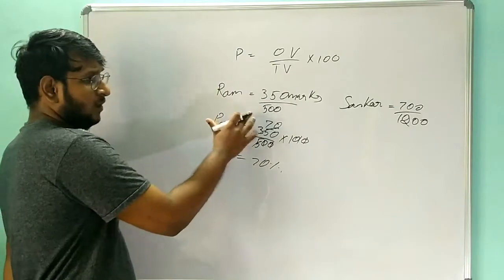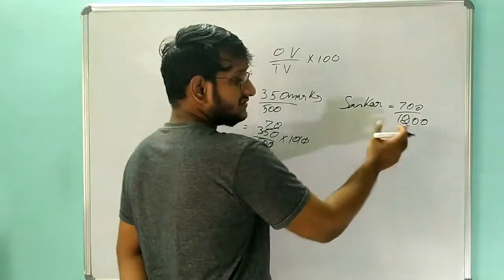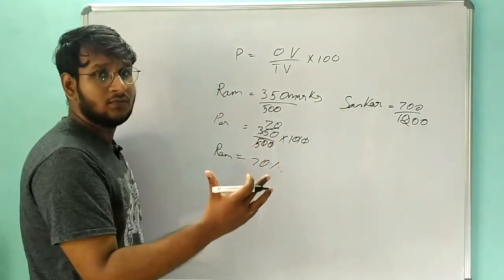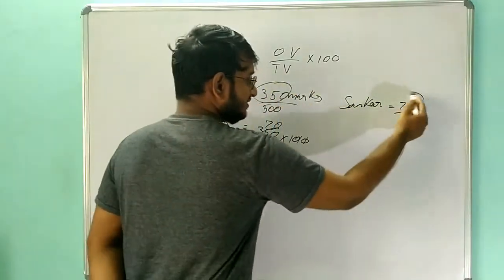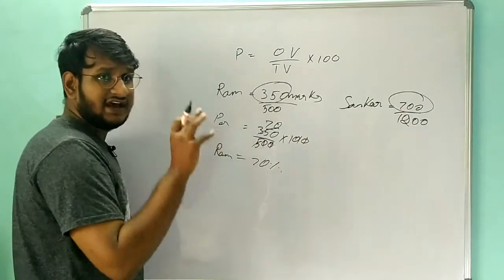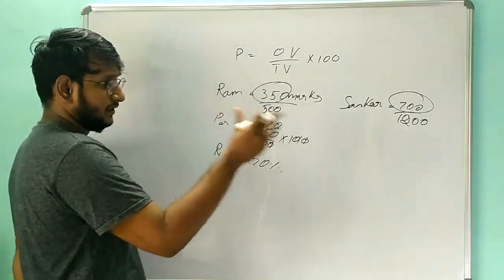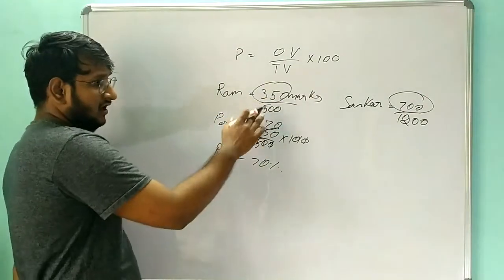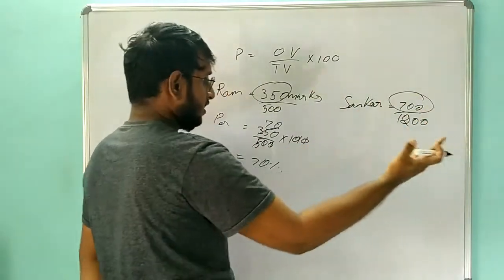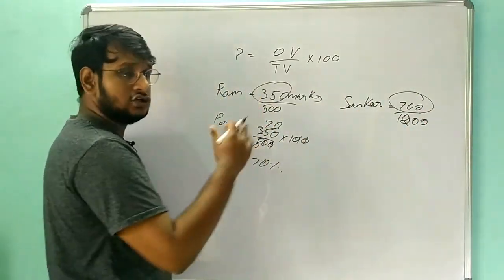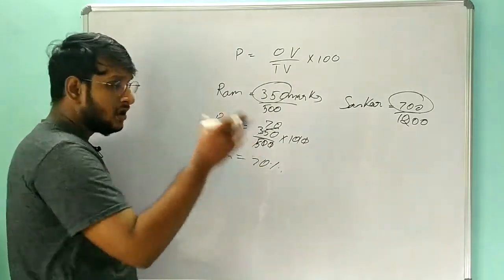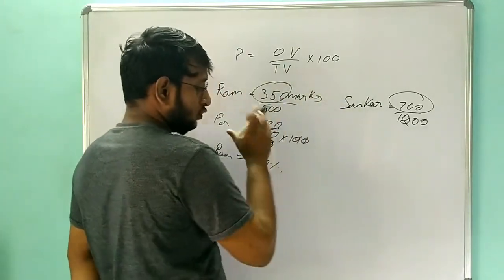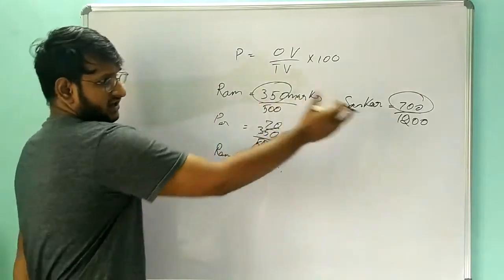Ram is writing the exam for 500 marks, but Sankar is writing the exam for 1200 marks. So we can't compare them by the marks they have gotten. We can't say that Sankar scored 700 marks, which is greater than 350, so Sankar has scored greater marks than Ram. We can't say that because their total marks are different, that is 500 and 1200.